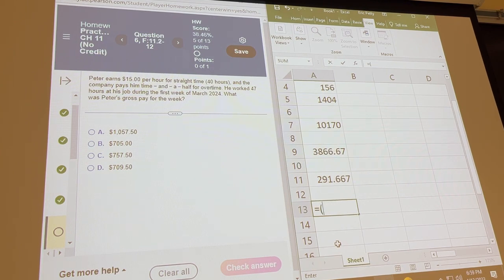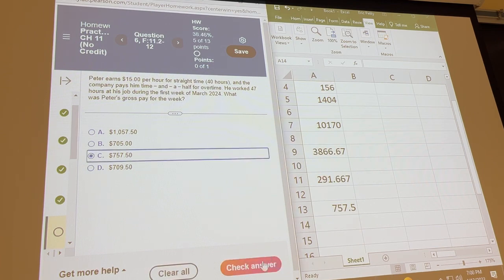So 40 times 15, plus 7 times 15 times 150%. Okay, $757.50. Okay.